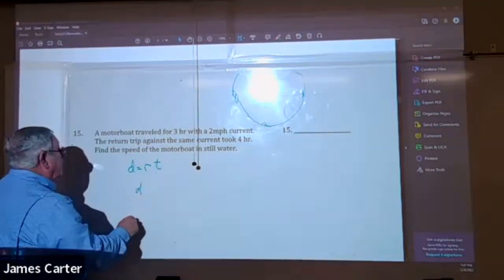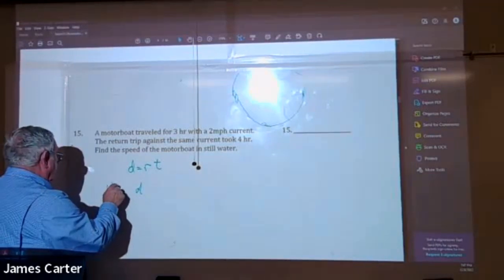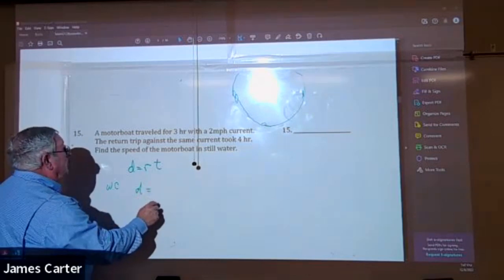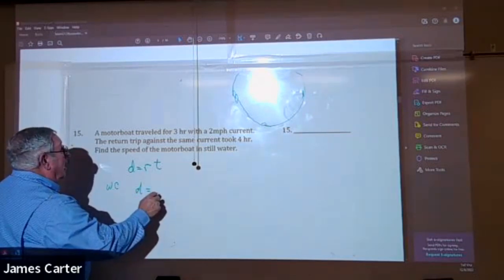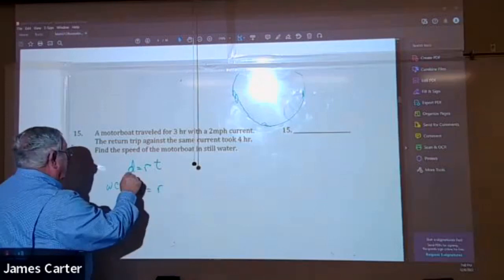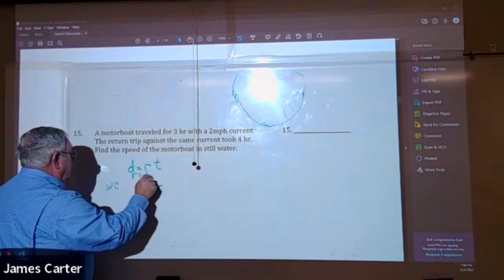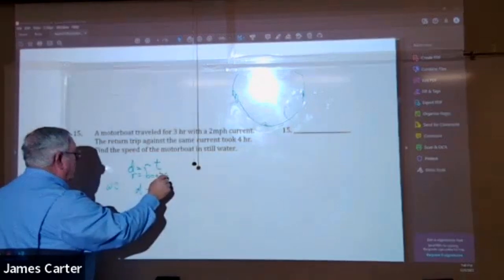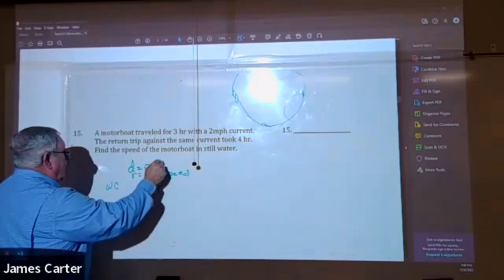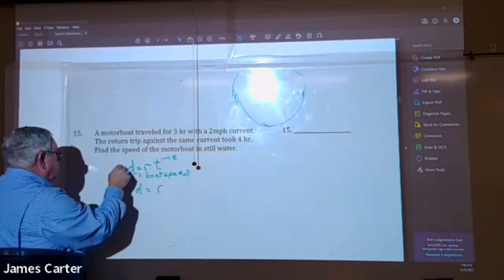So the distance with the current is going to be whatever the rate is, R equals the boat speed rather, times time.